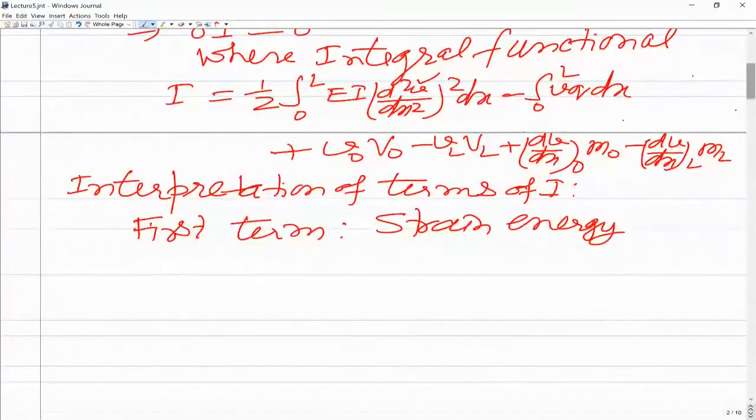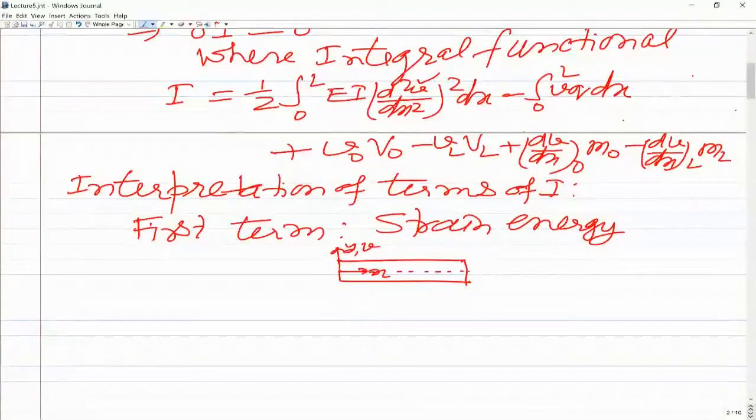Let me show you how, if we were to write this integral functional directly, how do we write that? To explain why the first term is strain energy, take the Euler-Bernoulli beam, with the x-axis along the beam, the y-axis, and in this direction the displacement v. This is the beam in the undeformed configuration, and let us say this beam bends and takes its deformed configuration, and this is the deformed center line.